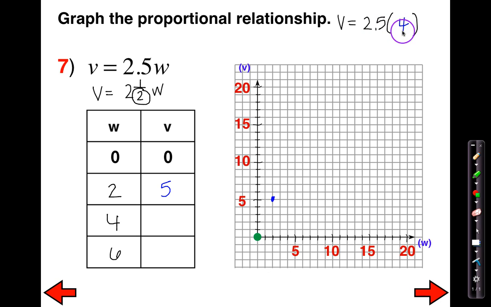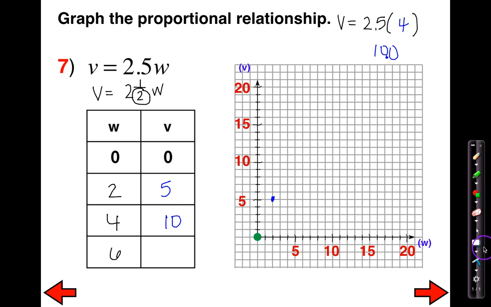2.5 times 4. Okay, let me teach you something. When you're multiplying by decimals, multiply them as whole numbers, and then afterwards decide how many decimal places there are, then move the decimal at the end. So here, what's 25 times 4? 100. Now how many decimal places are there? 1. So my answer is 10.